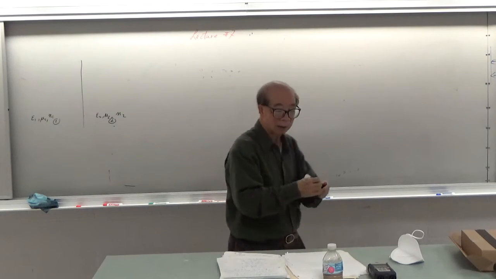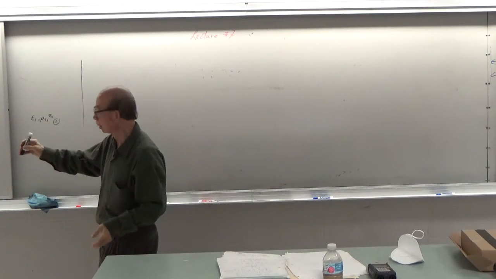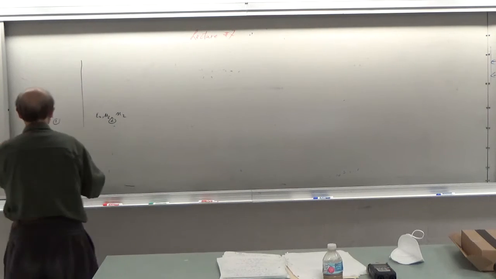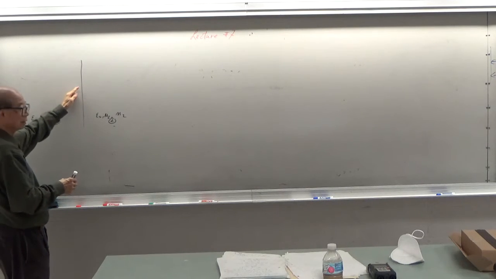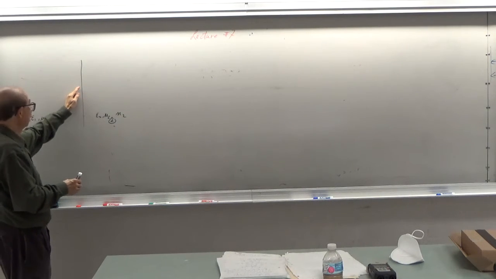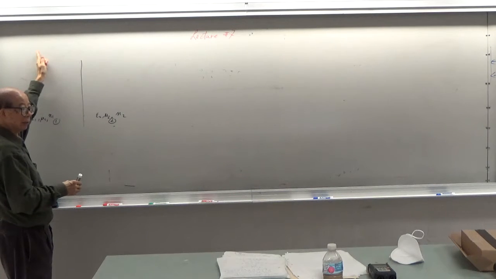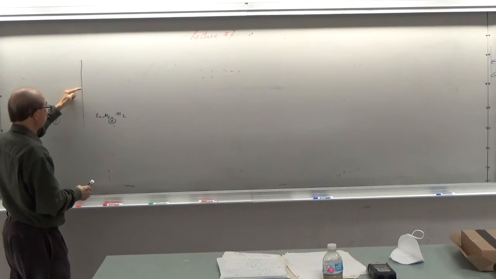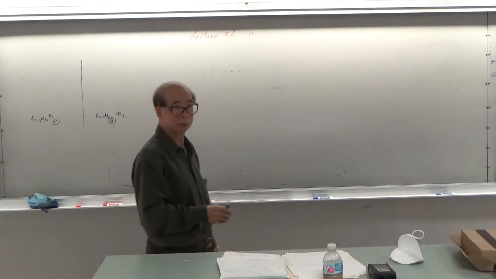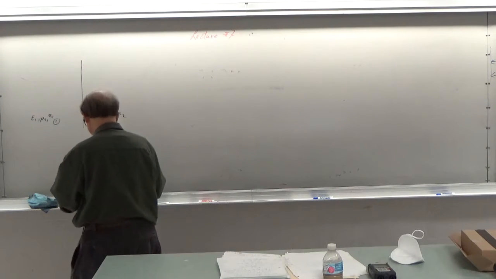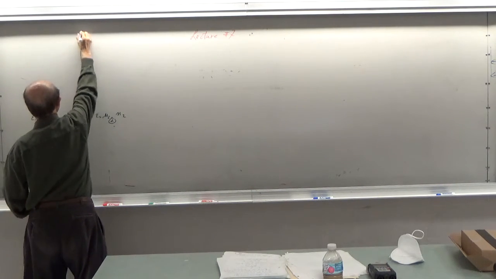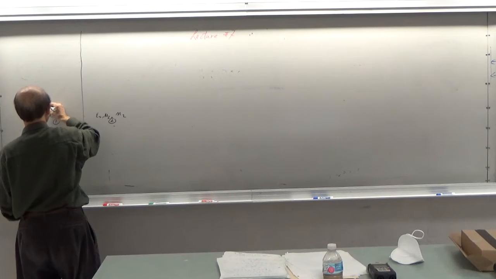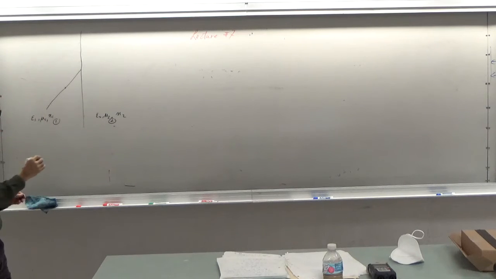And let's say that we have a monochromatic plane wave coming in medium 1, hitting this interface, and part of the wave will be reflected back in medium 1, and part of it will be transmitted into medium 2. I have to do this bigger. This coming in is the incident beam.